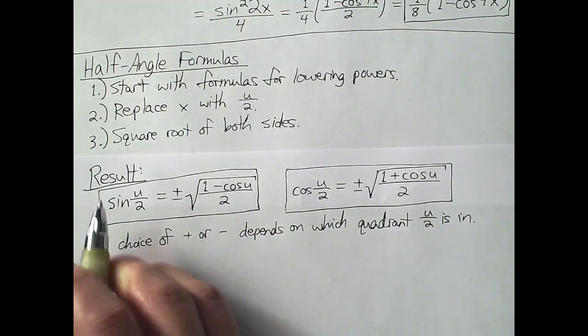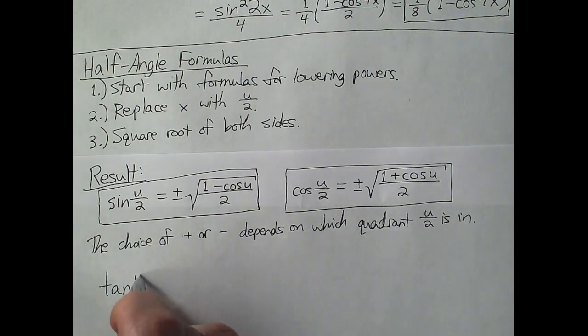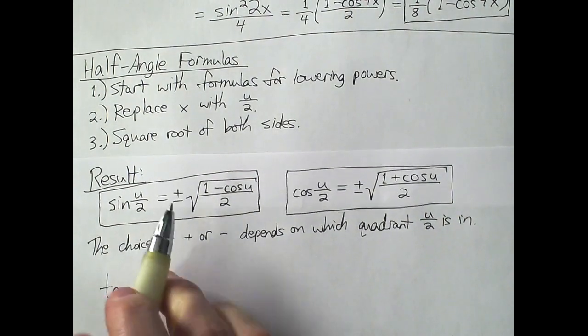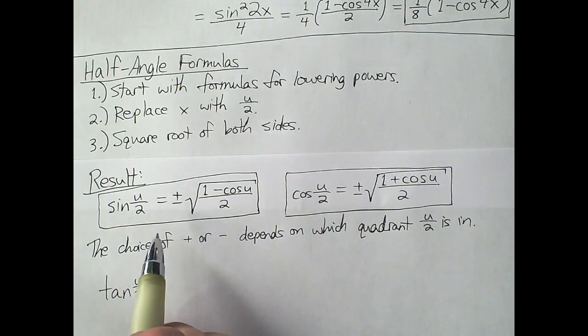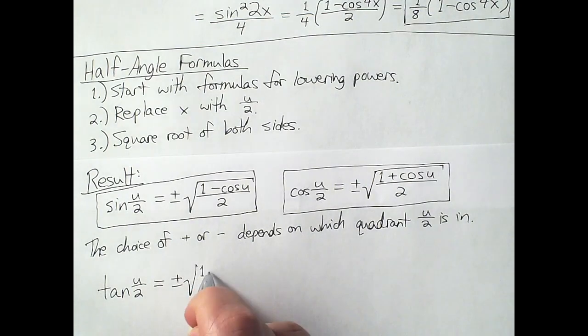What about tangent? I'll show you tangent. How do we get the one for tangent? I guess we could do the same thing, and if we do the same thing, we wind up getting this.